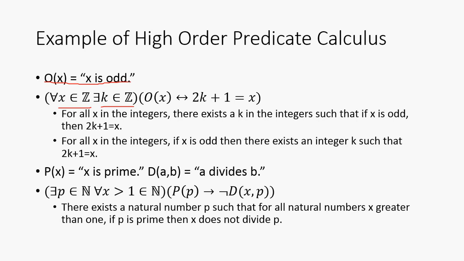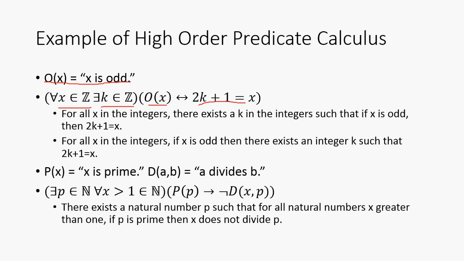So for all x in the integers, there exists a k in the integers such that if x is odd, then it can be written as 2k plus 1. That'll be very useful later on. And similarly, if we wanted to say something is even, then x would be 2k.